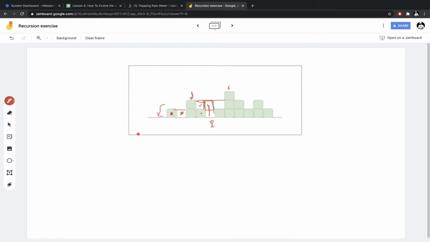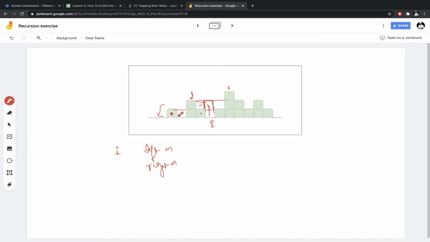So what we see is that for each element we have to find the left max and the right max. The naive approach would be, for this element we traverse through the whole list and find the right max and also the left max.